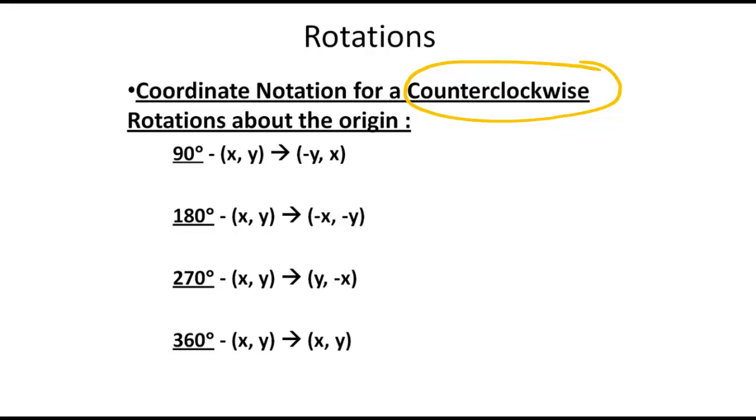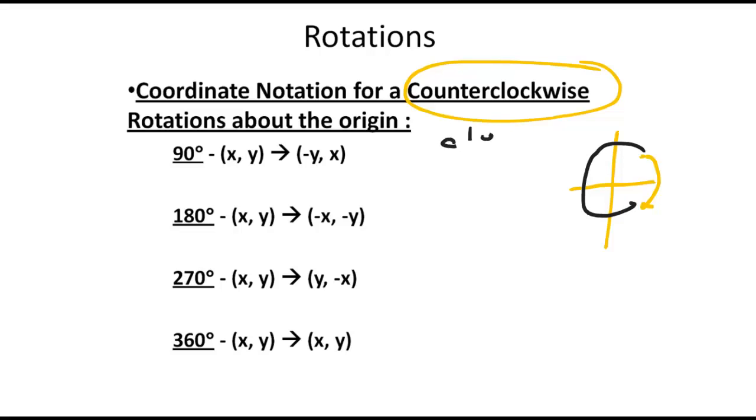Now we need to do a little bit of thinking here. If I think of a graph right here, and I've got a dot here, and I go 90 degrees clockwise, how far have I gone if I go counterclockwise? 90, 180, 270. So all of these are counterclockwise.